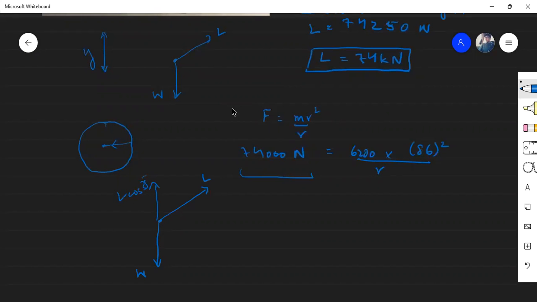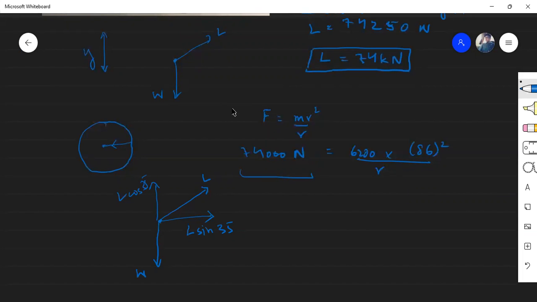Now there is a component of this force L that's actually being applied in this direction. Is it L sine 35? Yes. So this is L sine 35.